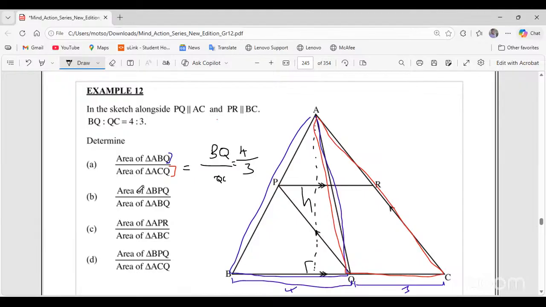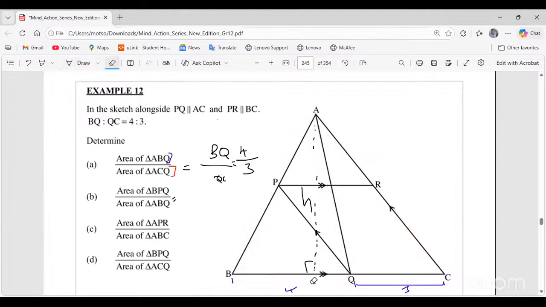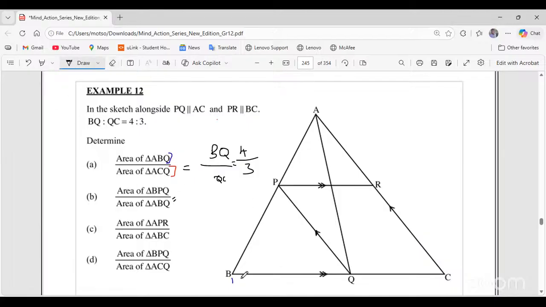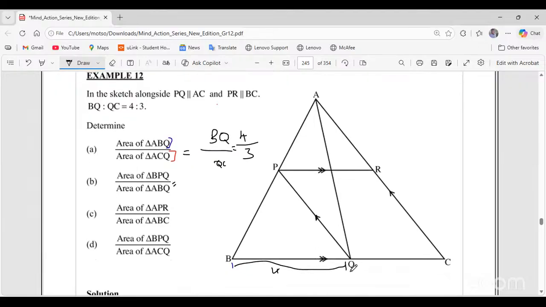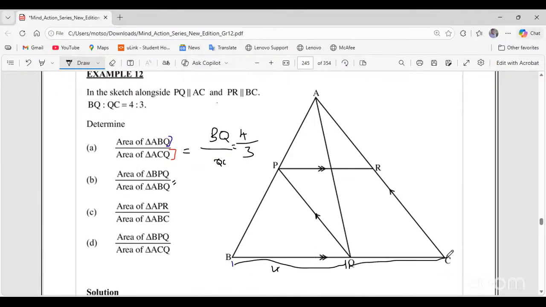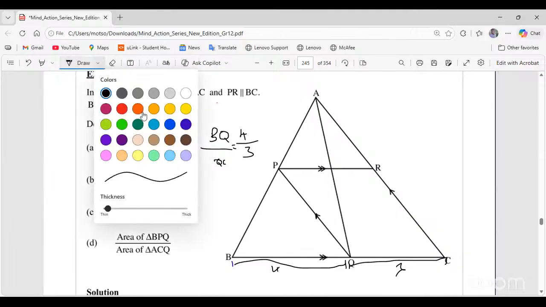For the next one, we are required to find the ratio of the area of triangle BPQ. Let me highlight the triangles. Let me erase. We keep in mind that we still have the ratio, 4 here and 3 here. Now let me go back to my colors.